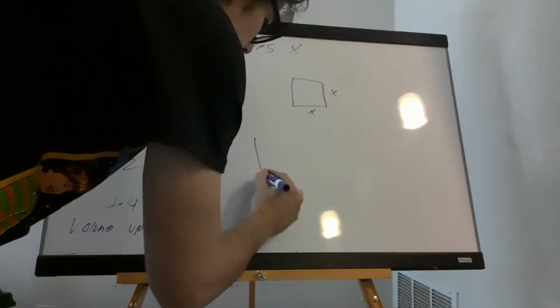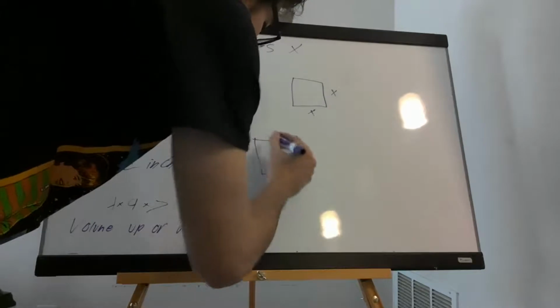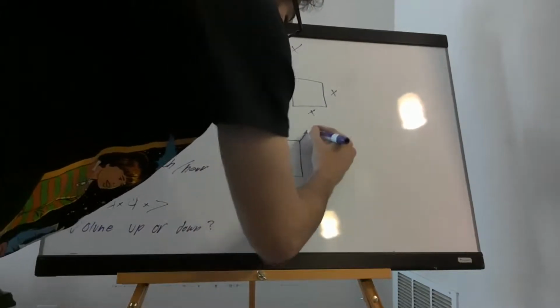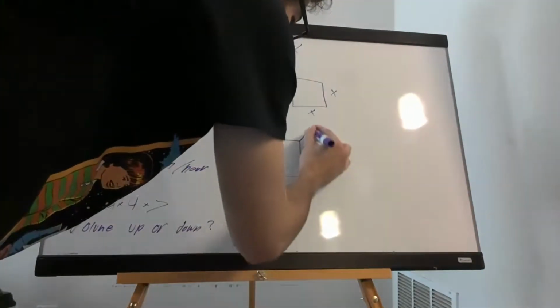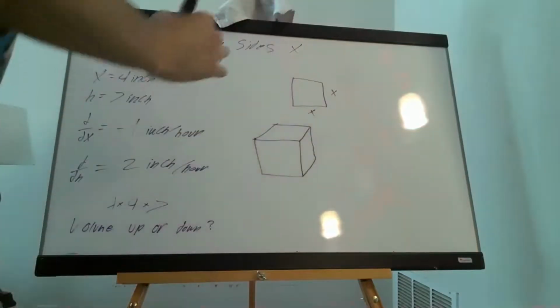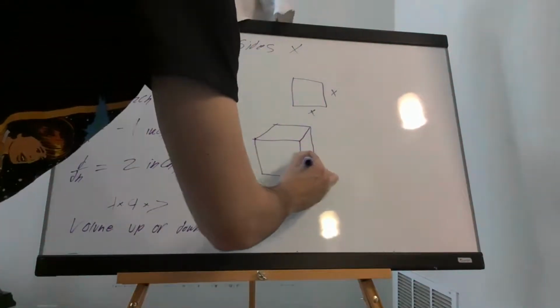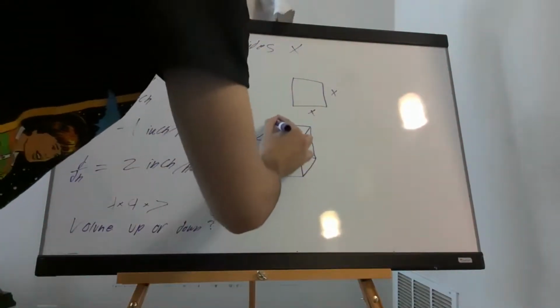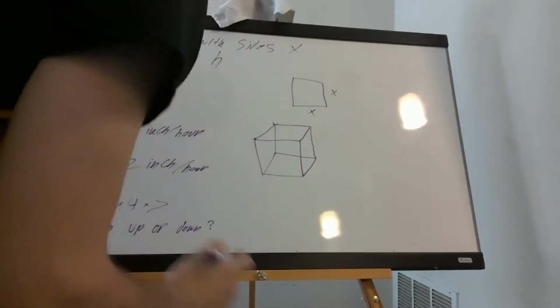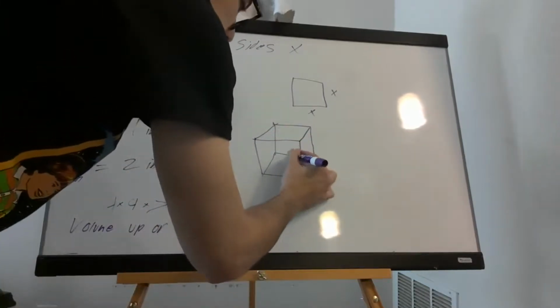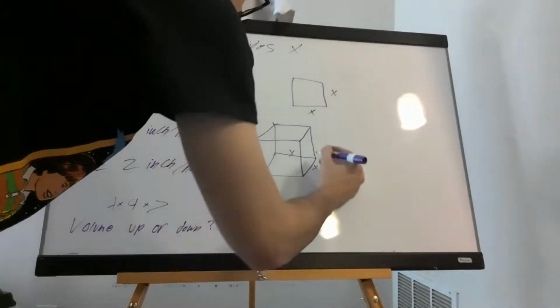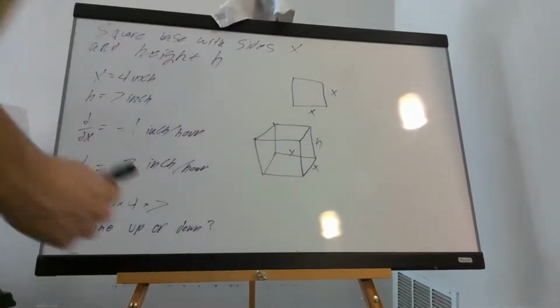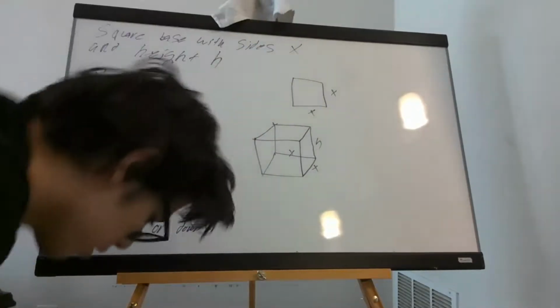Since it's a cube, we have to think in terms of h as well. So we got that, that. And this is x, that's x, and that is h.